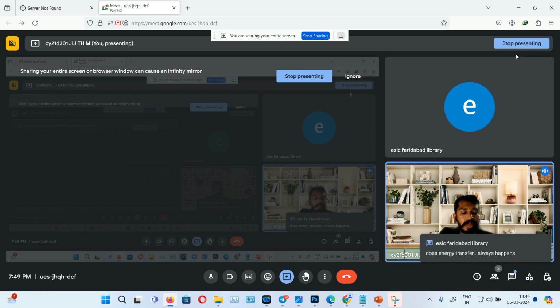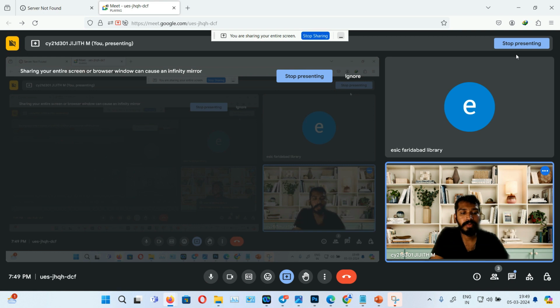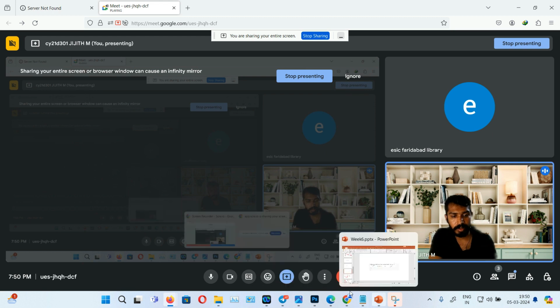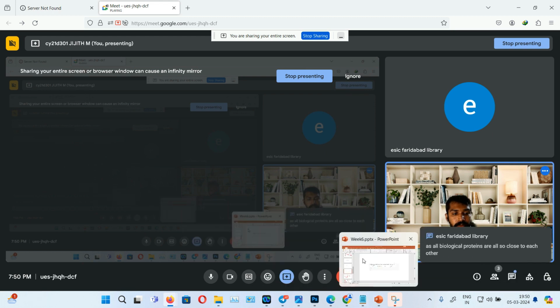Does energy transfer always happen? FRET will not always happen. There will always be some FRET pair, so one will be the donor and another will be the acceptor, as shown in that figure.